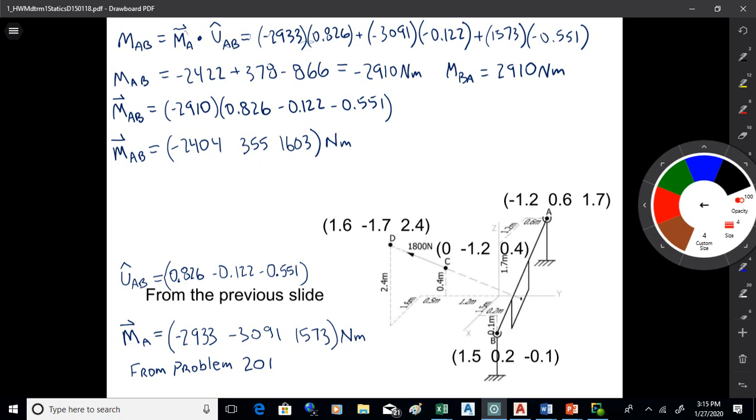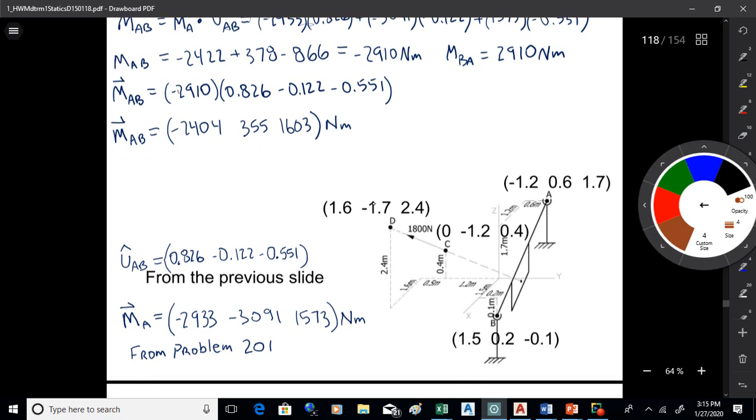You multiply those together and add up the products. You get three terms, and you just add them up. That gets you negative 2910, which means that the projection actually goes not from A to B, but from B to A.